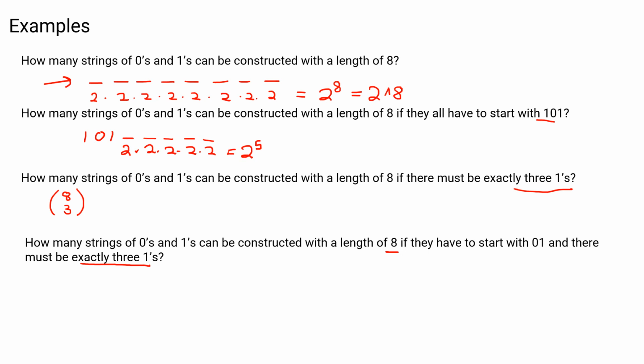Now, let me say this before we go on. We've gone through this whole thing about the bijection between these strings and these subsets, and so we were able to know that we can use this formula. But honestly, we could go more directly to 8 choose 3 by seeing that we have 8 openings, and 3 of those need to have ones in them, and the others don't.